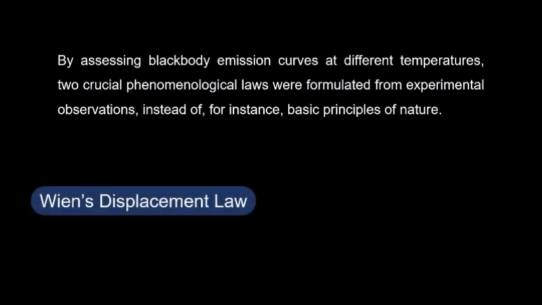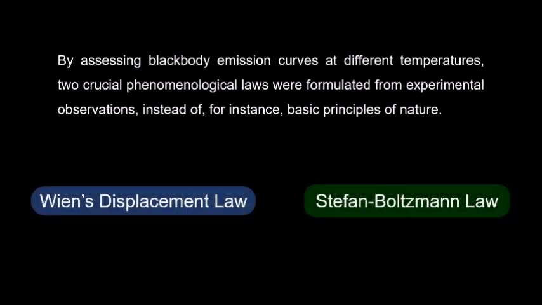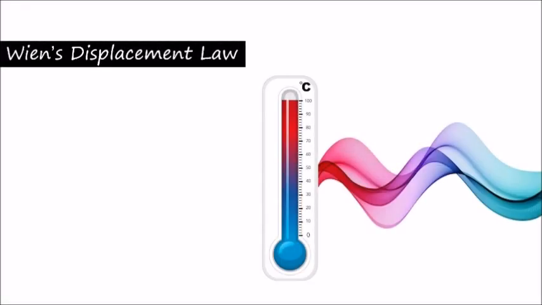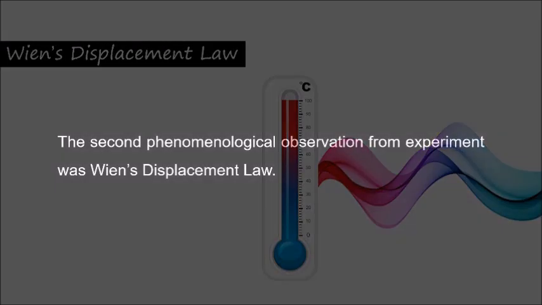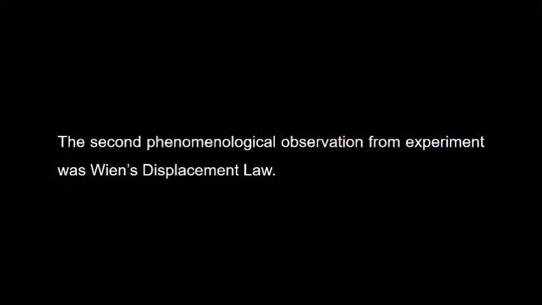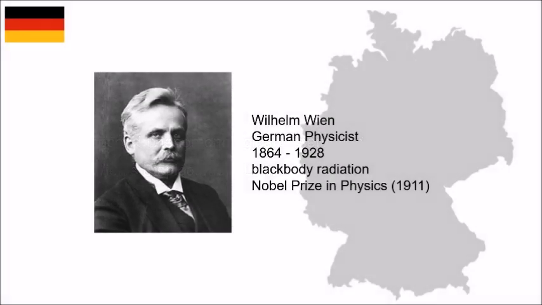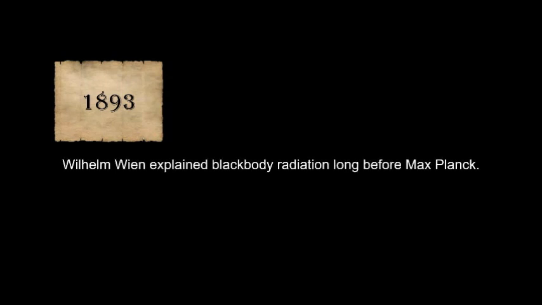By assessing blackbody emission curves at different temperatures, two crucial phenomenological laws were formulated from experimental observations, instead of, for instance, basic principles of nature. Wilhelm Wien explained blackbody radiation long before Max Planck.